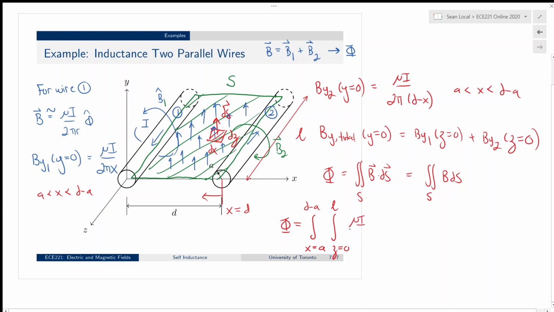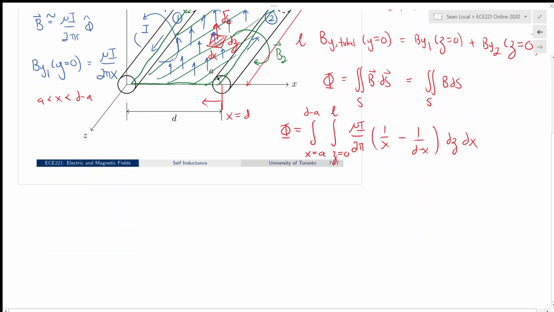Okay, let's add those two B fields together. So we have this common factor of mu I over 2 pi, and then the first term on the left was 1 over x. The second term is 1 over d minus x, and then this is dz dx. The integration over z is trivial, so phi is just equal to mu I times L over 2 pi.